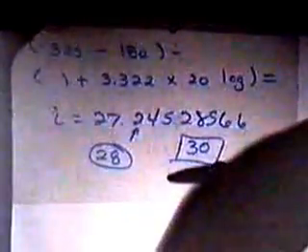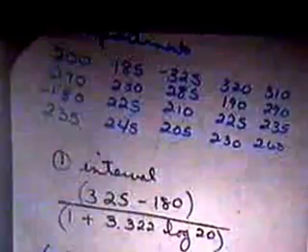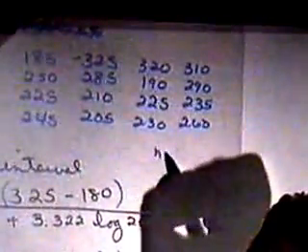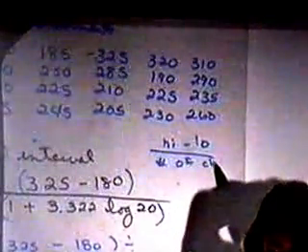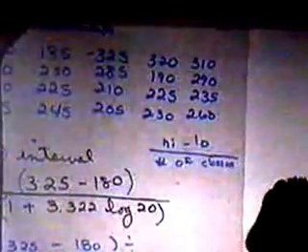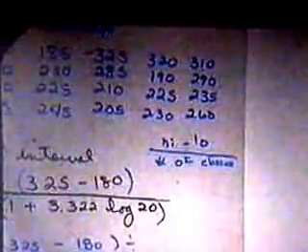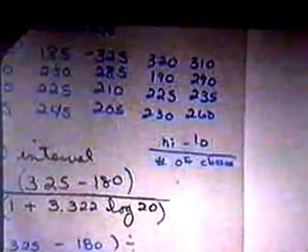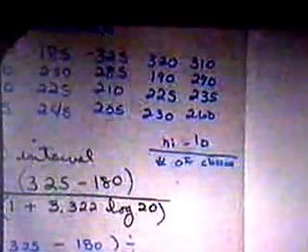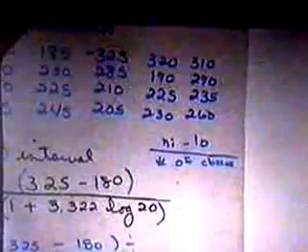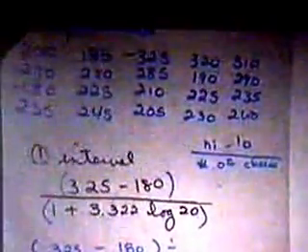Now, don't worry about it, but I'm going to mention that this is not the formula the book uses. The book uses a formula that says high minus low divided by the number of classes. But to use the book's formula, you have to decide whether you want 5 or 6 or 7 or 10 groups. How many groups do you want? Well, you don't have to know the best number of classes if you use this formula right here.